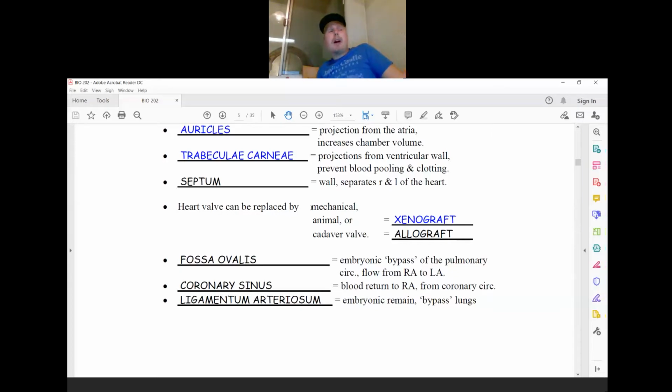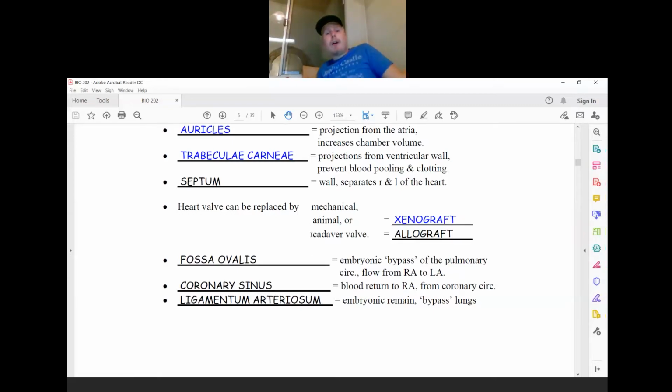We use mechanical heart valves preferably only for older individuals, or if we use a mechanical heart valve for a younger individual, we know that we have to do another surgery to change the heart valve most of the time. So that's why a heart valve that comes from a living organism is usually better.